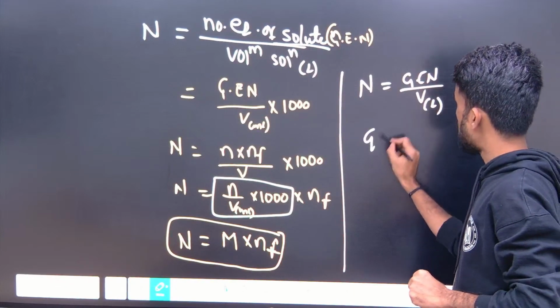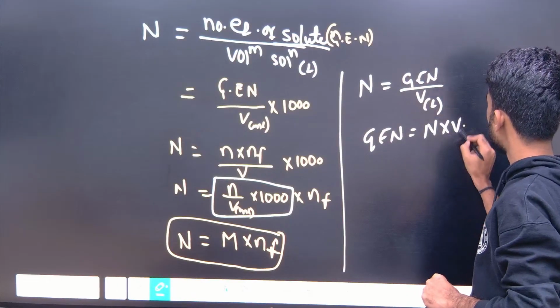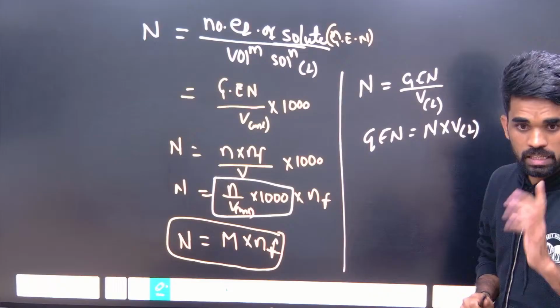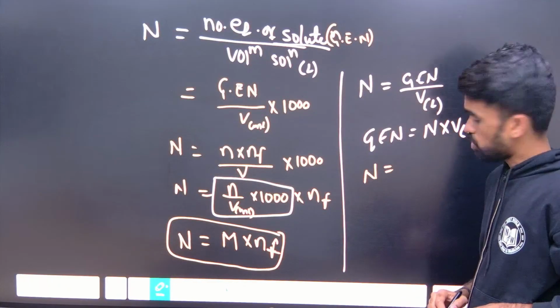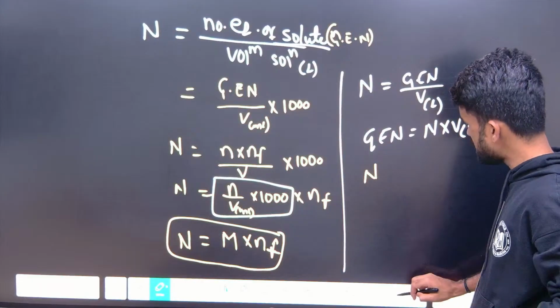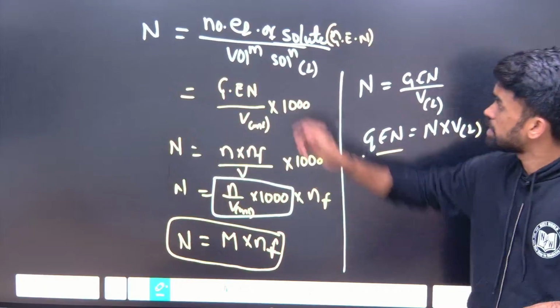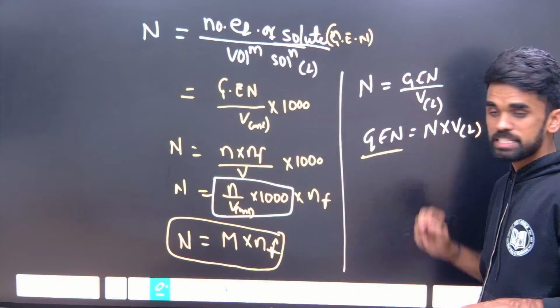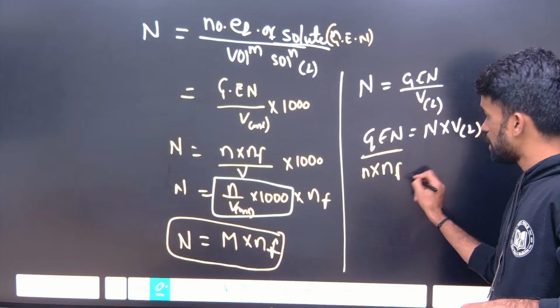Now, number of gram equivalents will be equal to N into V, which should be in liters. Next, normality equals, again GEN means what? In terms of moles, the number of moles and number of gram equivalents, n into N factor.